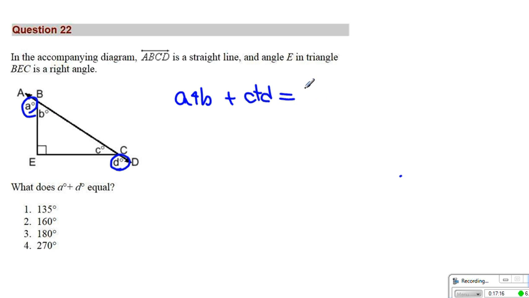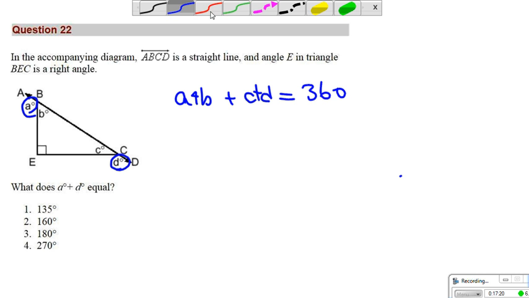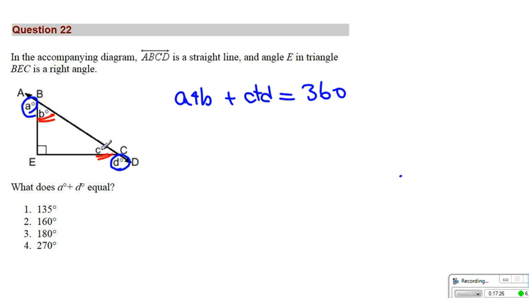So is c plus d, so this becomes 360. But at the same time, what is b plus c? Because it's in a right triangle, b plus c could only be 90. Then, subtracting 90 from each side, you will realize that a plus d must be equal to 270, which is choice number 4.